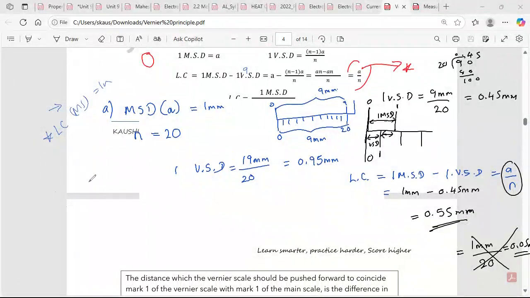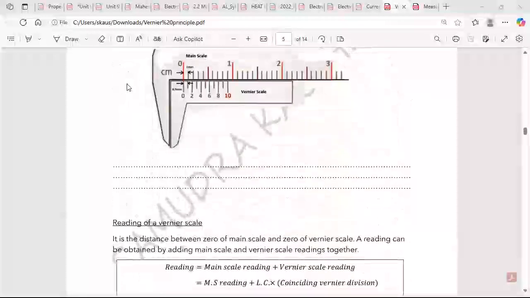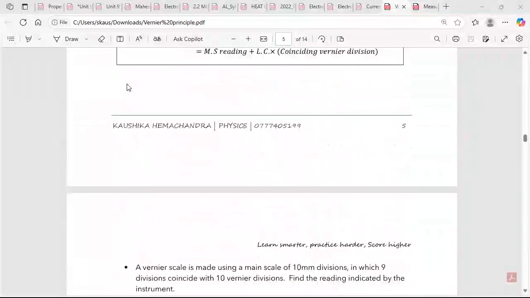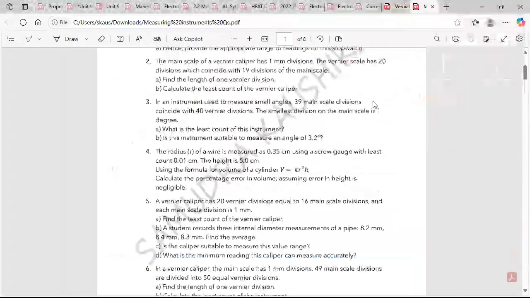We can cover a bigger portion of theory every day. Right. I'll erase this. Yeah, reading we will do next day because I need to do a few questions taking the readings of the Vernier scales properly.